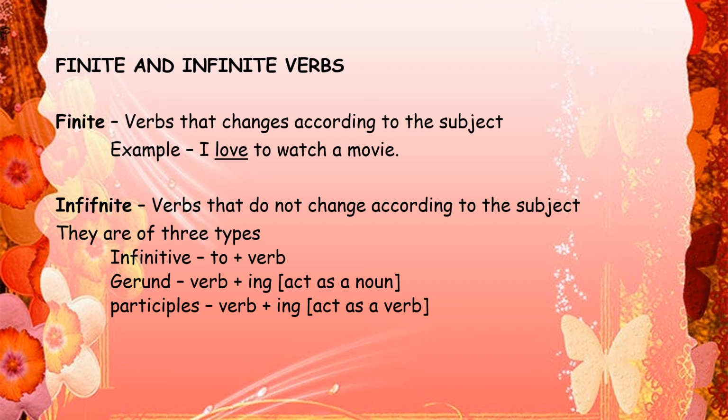So here you are doing it. Swimming, you are doing it. So that is participle because it is acting as a verb. But if you say swimming is a good exercise, here you're telling about swimming. You're talking about swimming. So then that is a noun and that is a gerund.